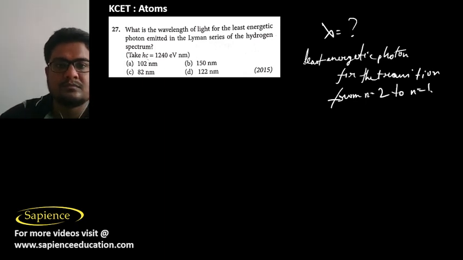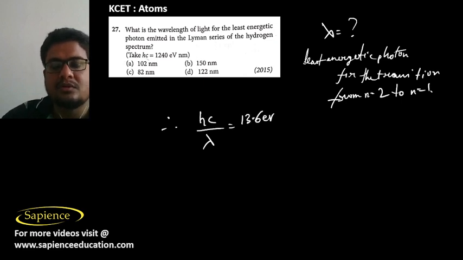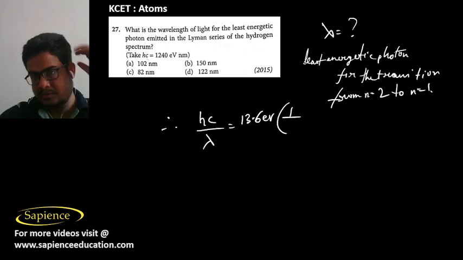Therefore, the wavelength is given as: you know that hc by lambda is equal to 13.6 electron volt into 1 by n1 square minus 1 by n2 square.